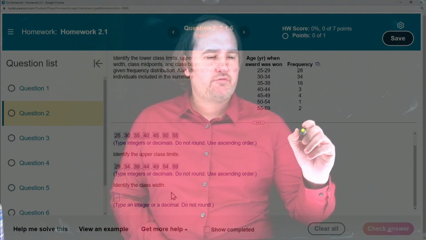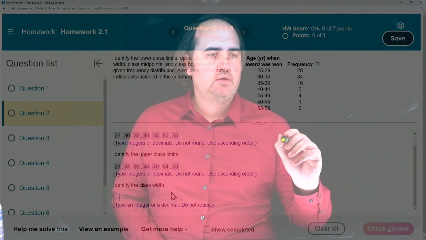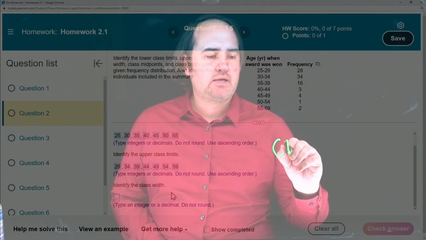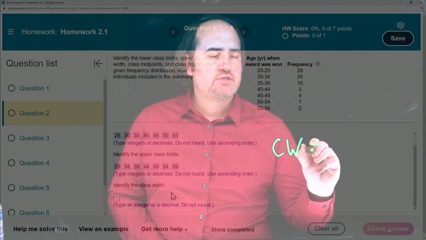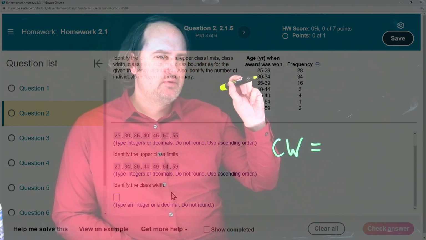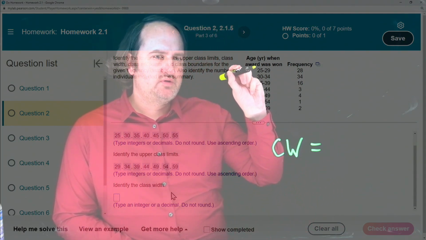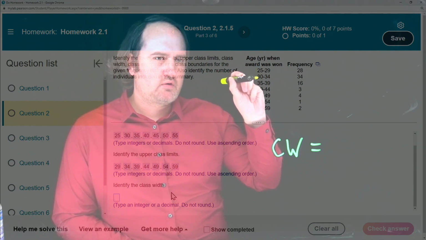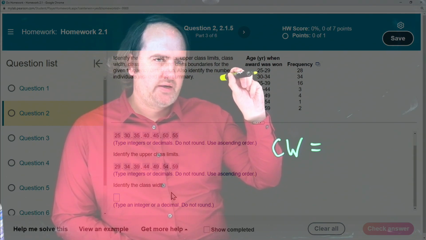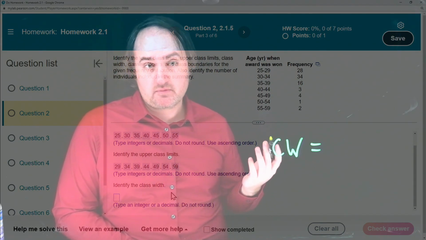So here's the formula we're going to use for class width. I'm going to write CW, that stands for class width. It's just going to equal the difference between two consecutive lower class limits. So I can just do lower class limit number 2 minus lower class limit number 1, and that will give me the class width.